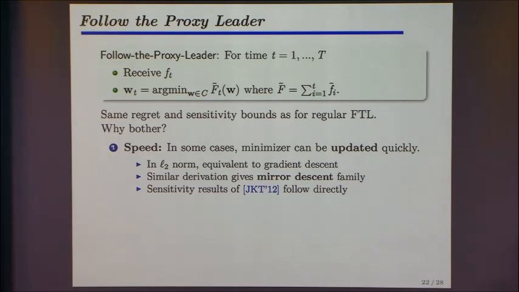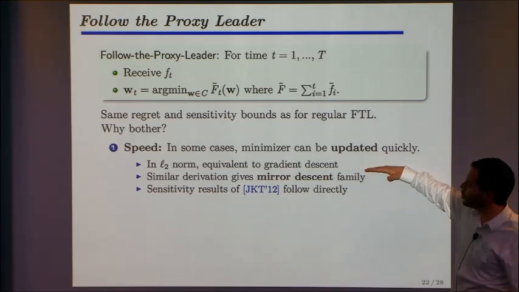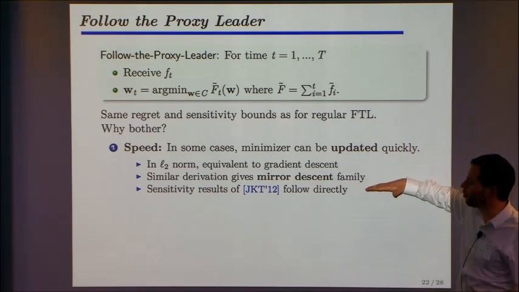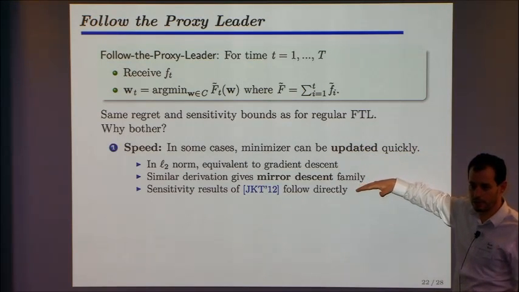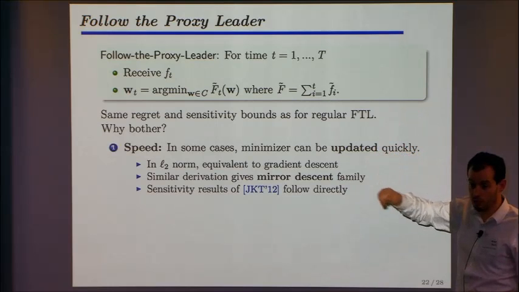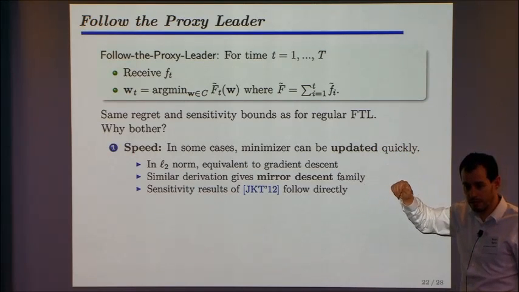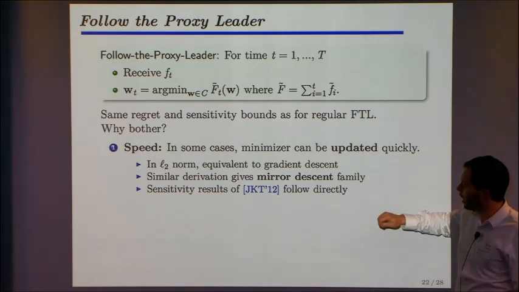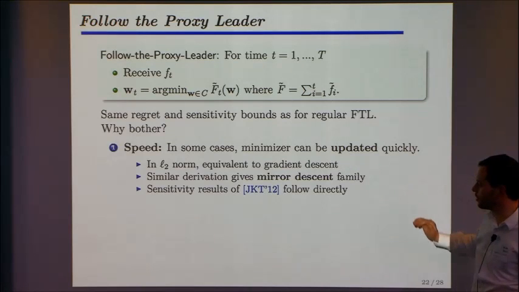One is speed. In many cases, this algorithm can be rewritten in a form that you can run much more quickly. For example, if you're using the L2 norm, this algorithm is equivalent to the usual online gradient descent, that algorithm I gave you at the beginning of the talk. And in other norms, you can do a similar derivation.